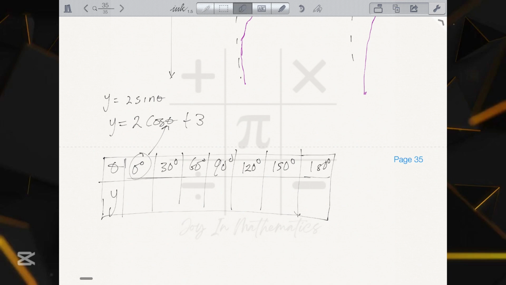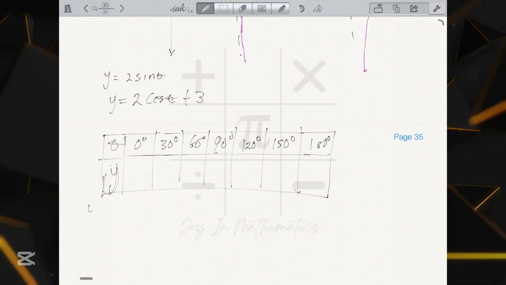All right, let's take that as an example and do it together. So for 0 degrees, we just have to evaluate y. When we have y equals 2 cos theta plus 3, when theta is equal to 0 degrees, we have 2 into cos 0 plus 3.